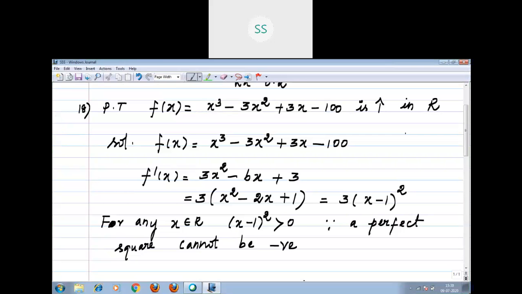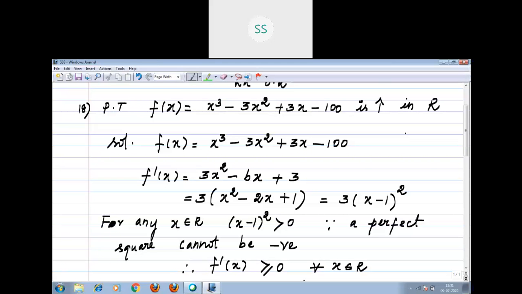Therefore, f dash of x greater than or equal to 0 for all x belongs to R. When it is equal to 0, if you substitute x is equal to 1, does x is equal to 1 belong to the interval or not?